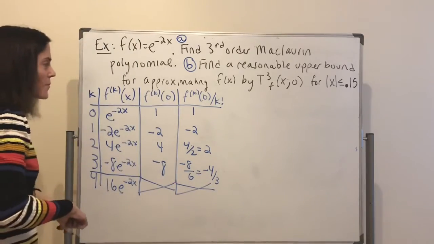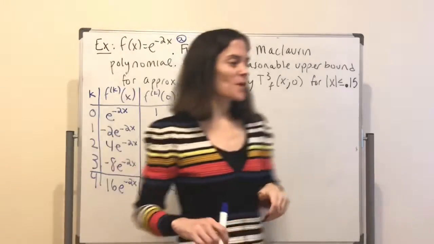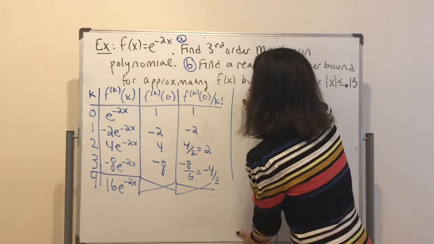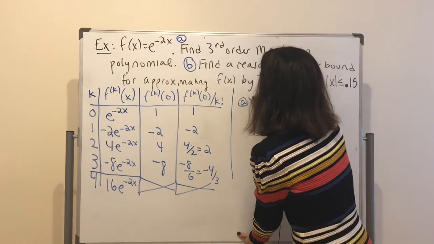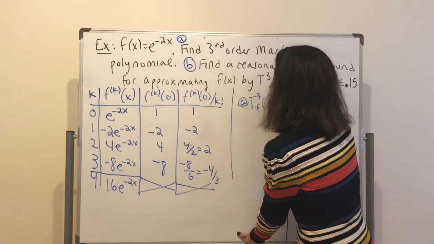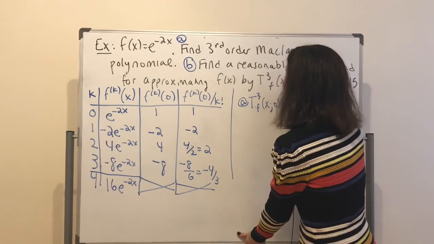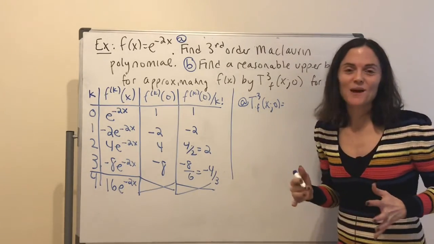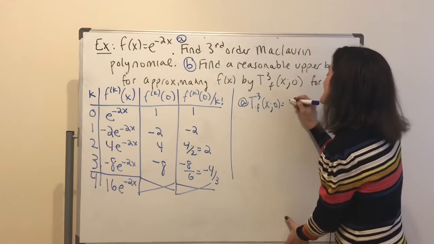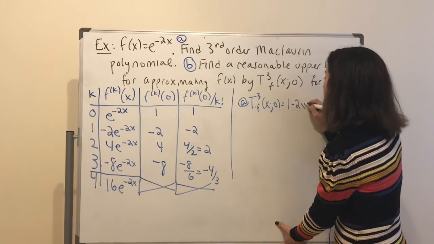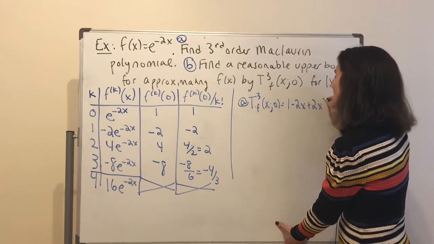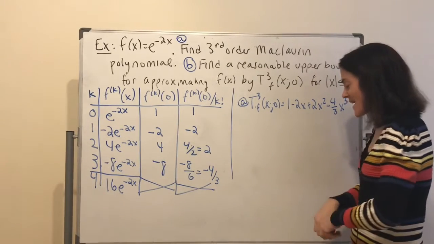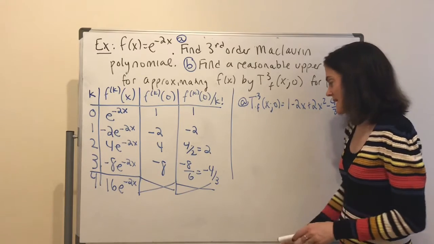Okay, so part A, my Taylor polynomial, T3 of f at 0, or Maclaurin polynomial, I should say. It is a Taylor polynomial with center 0. This is 1 minus 2x plus 2x squared minus 4/3 x cubed. Okay, so this is part A.